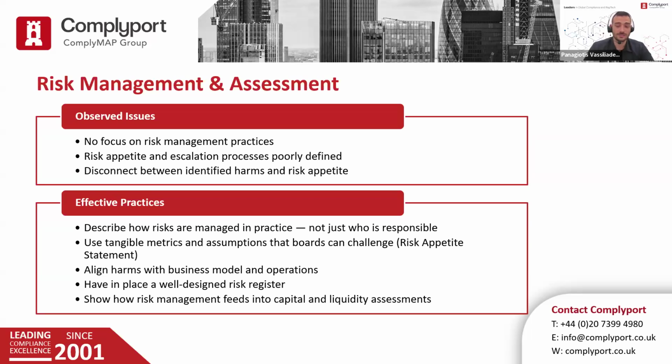So to do that, you need to use tangible metrics and assumptions that the board can challenge. For example, if your risk appetite allows for a 10% drop in the assets under management before escalation to the board, show how that's monitored and what happens next. What is the next step if I exceed this limit?